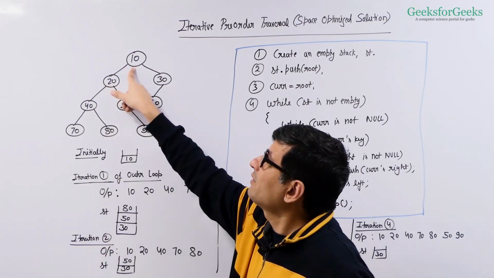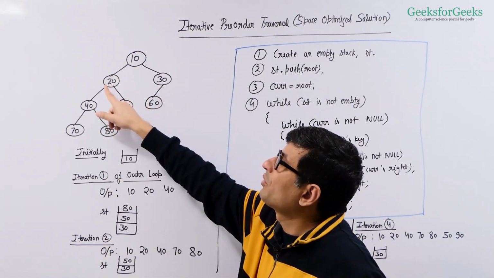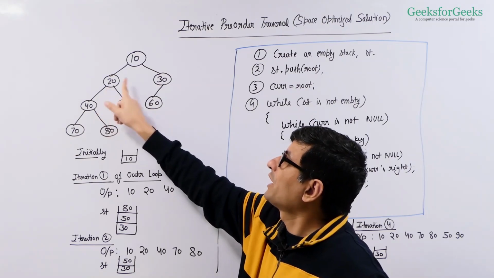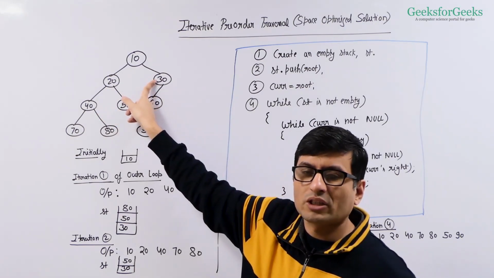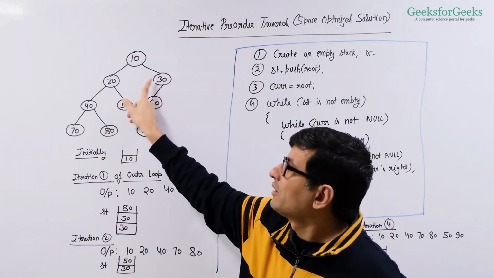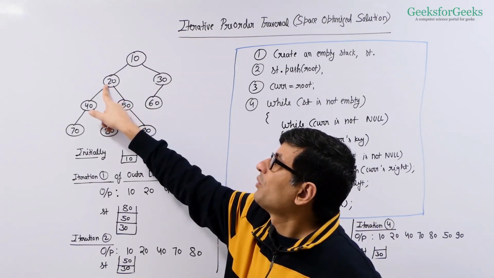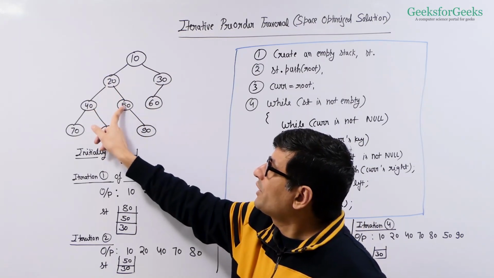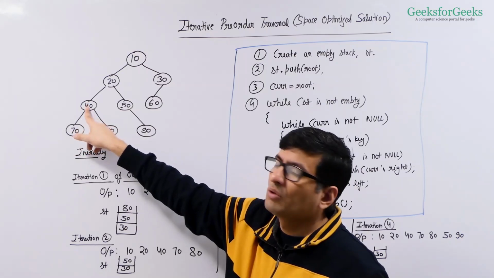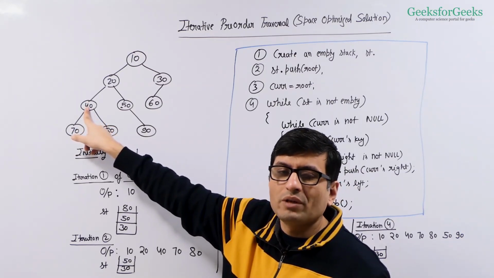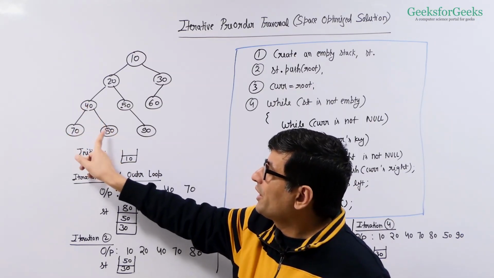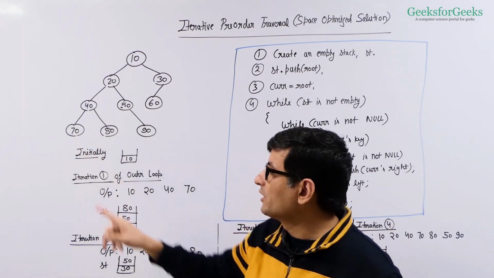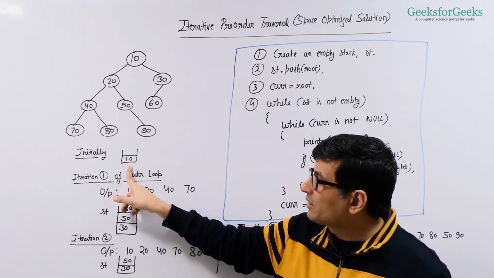So we begin with 10, we print it, we go to the left side, but before going to the left side, we push 30 into the stack so that 30 can be processed later. Now when we are at 20, we again push 50 into the stack, print, and then go to 40, right? When we are at 40, we push 80 into the stack and we go to 70. So initially you have only 10 in the stack.